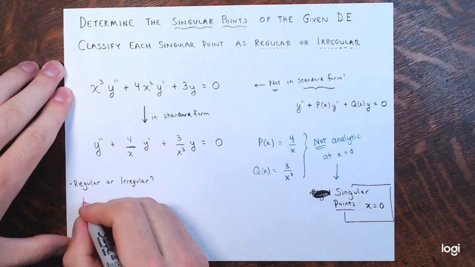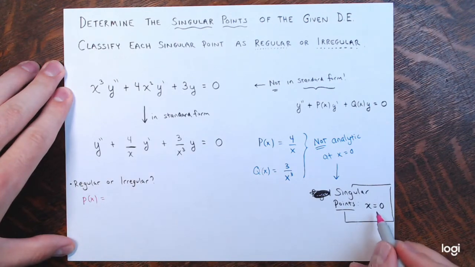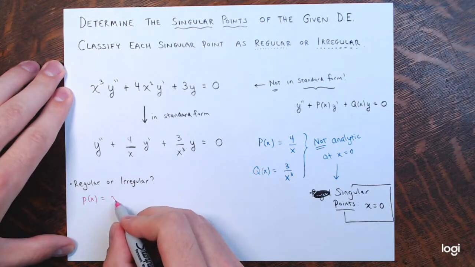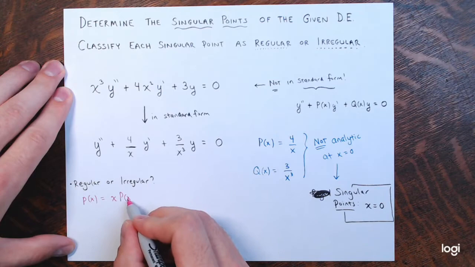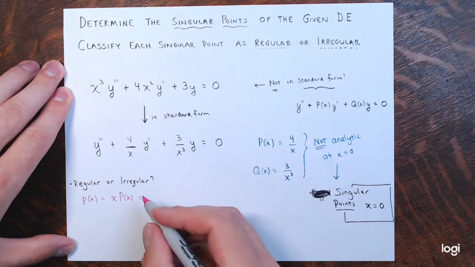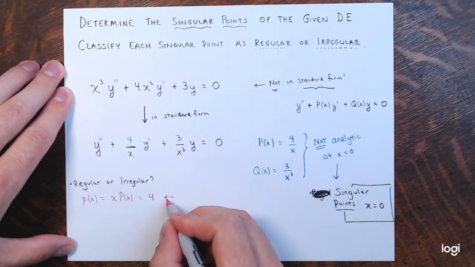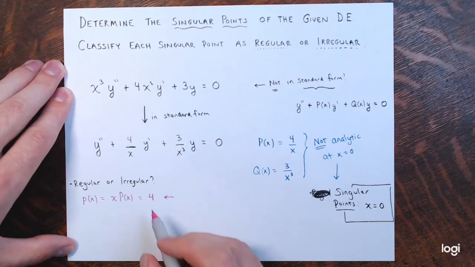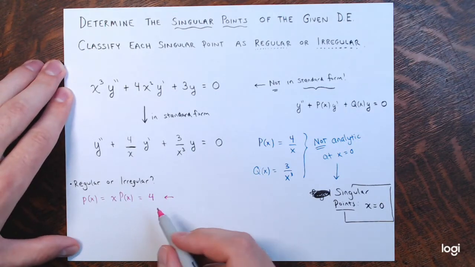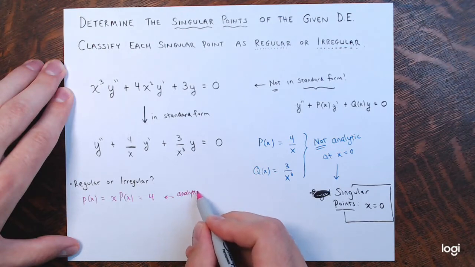Look at little p of x, which would be x minus x sub 0, or x minus 0, just x times capital P of x. Well, that would just be 4 when reduced. Now this is a simple polynomial. Polynomial functions are analytic everywhere. So this is analytic at x equals 0. So far so good.